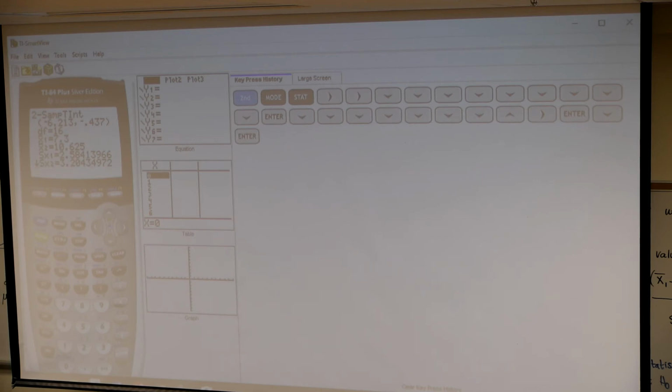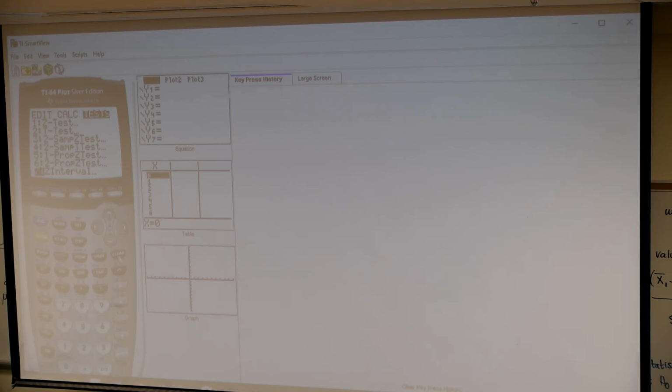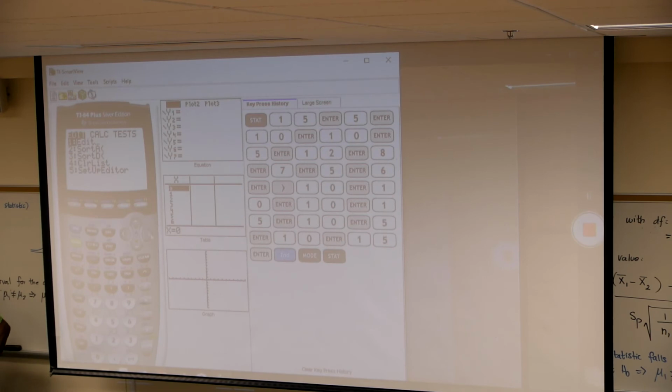The same interval, if we did a pooled case, the only difference now is instead of selecting yes, we're going to say no. Why?